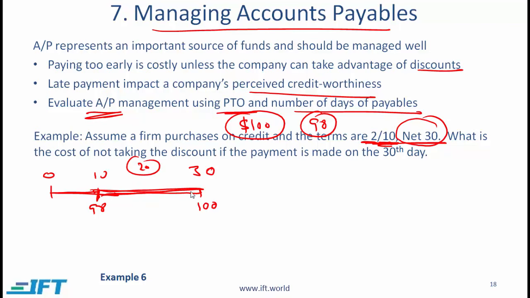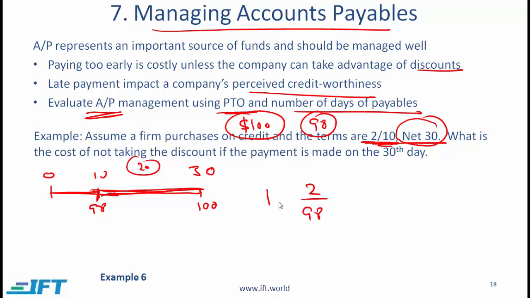The rate for 20 days that you are paying is 2/98, which is just a little bit more than 2%. How do we annualize this? What you need to do is take this rate. If this is for 20 days, then the most precise way of annualizing this is the following.